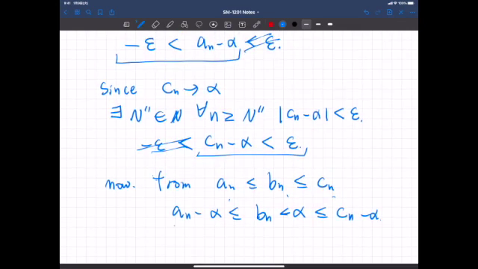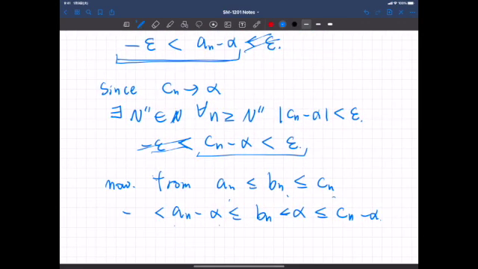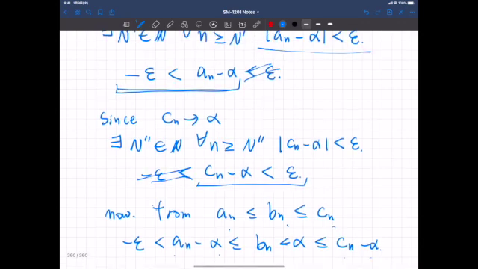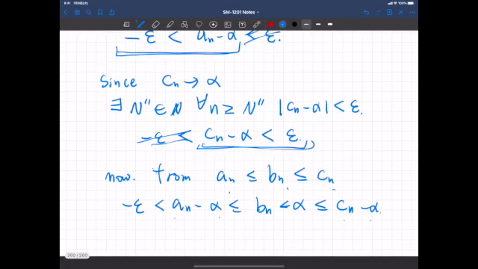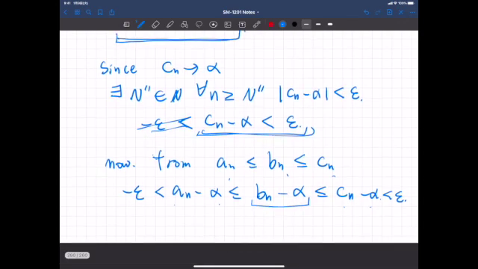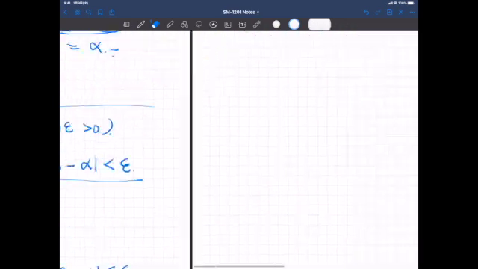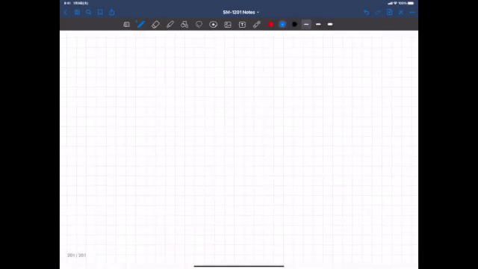But this a_n minus alpha is greater than negative epsilon, and this c_n minus alpha is less than epsilon. So b_n minus alpha is between negative epsilon and positive epsilon. So this means the modulus of b_n minus alpha is less than epsilon.